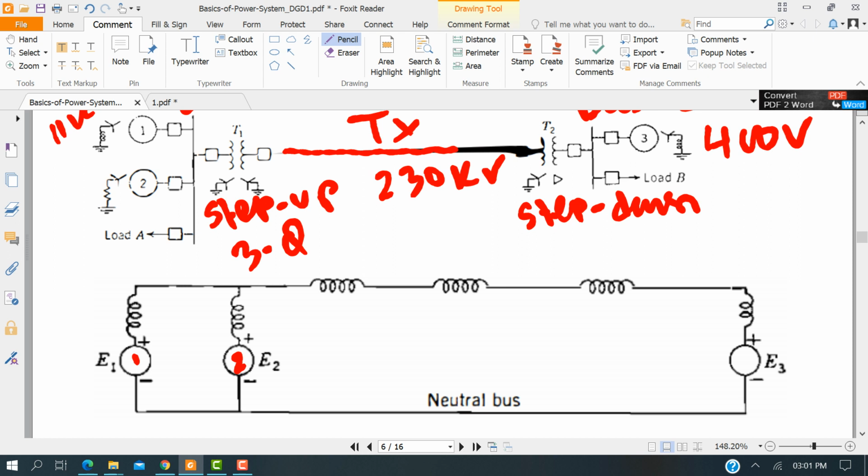No need to show the load or the circuit breaker or the current transformer, potential transformer. And this is the equivalent transformer reactance, and this is for the transmission line, and this is for transformer 2, and this is for generator 3. So it's the simplified diagram.